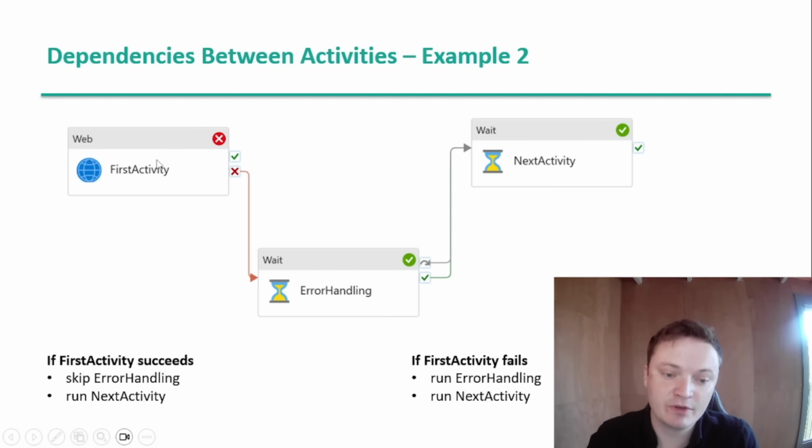If this one succeeds, it will run to here. But, interestingly, if the first activity fails, this activity will skip. And if this activity skips, it will also run this next activity. So that means regardless of whether the first activity fails or succeeds, this final activity will run.